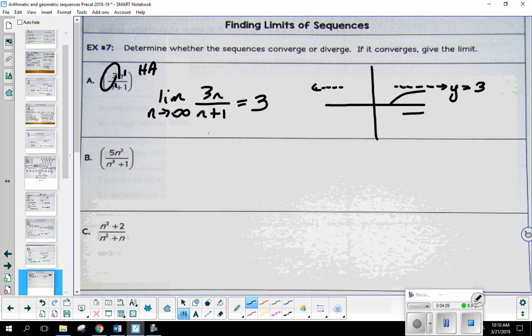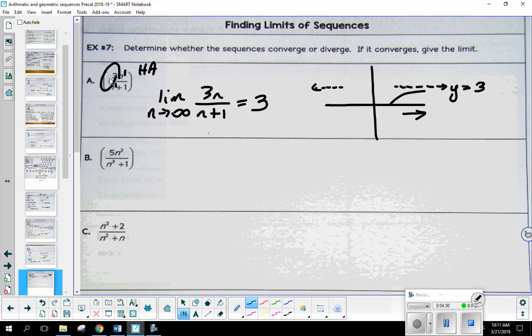Okay, let's say it looks like that. As that value of x, or n in this case, gets larger, you're going to get closer and closer to 3. Even though you won't touch it, we say that's the limit. So if you think about n just being the x value and the sequence itself being the corresponding y value, okay, this can be representative of a sequence.